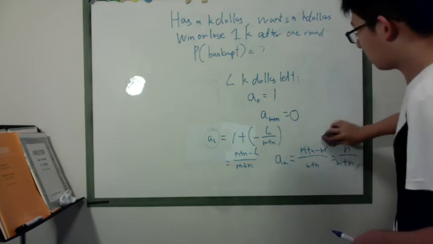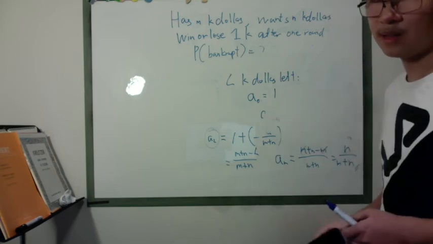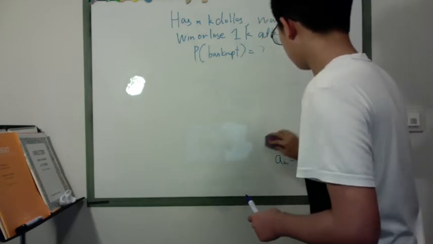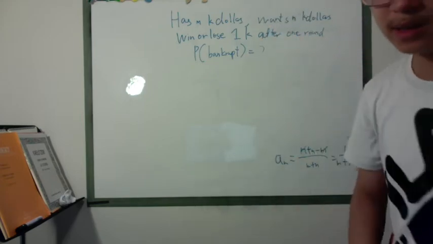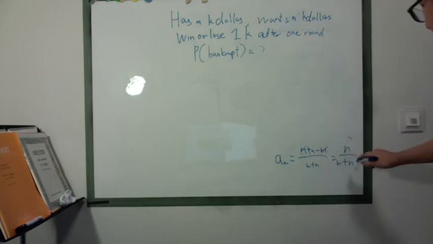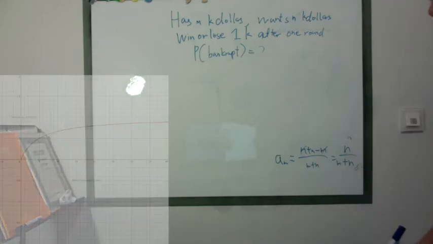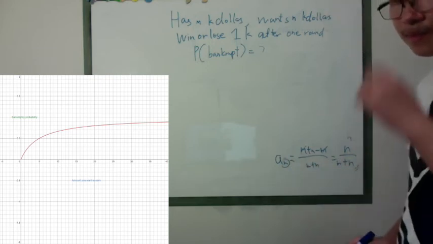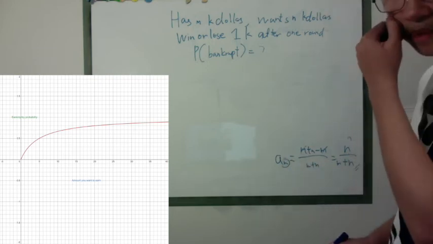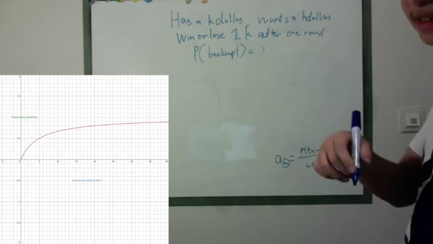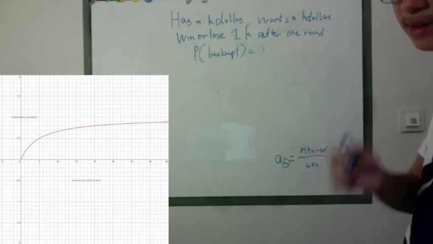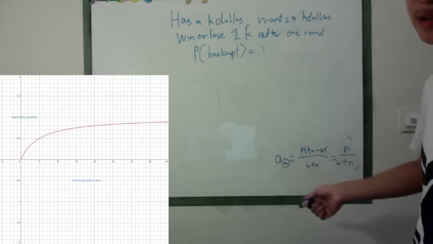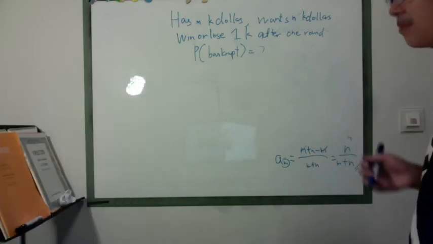And I'm going to talk about why this probability is sort of significant. If you graph N over M plus N, let's say M is a fixed value. If M is a fixed value, then as N increases, so if you want to gain more money, then the probability of you going bankrupt is higher. So let's actually try some values.